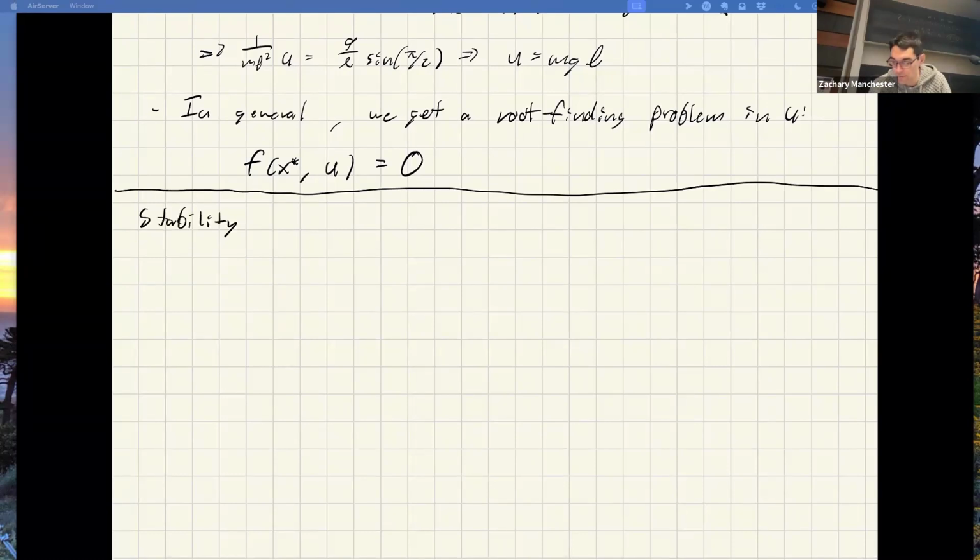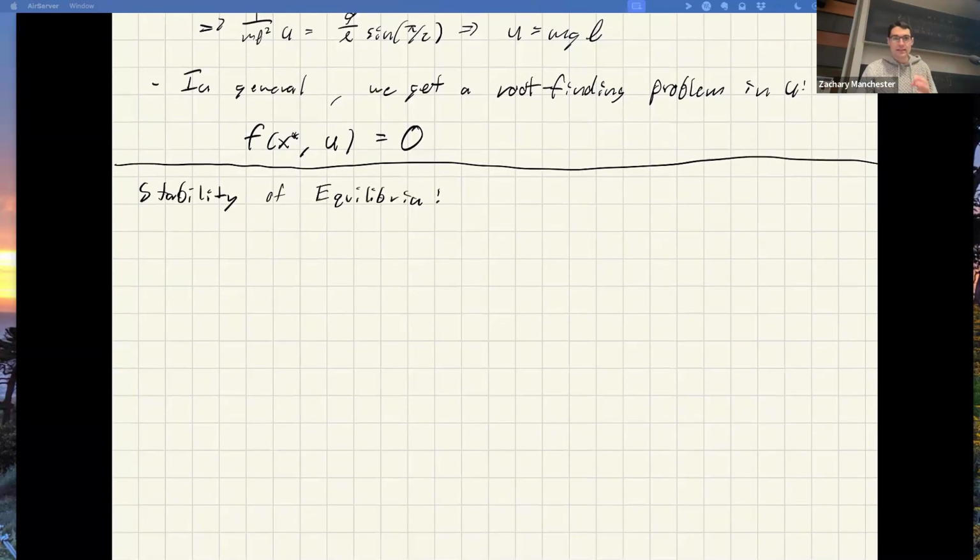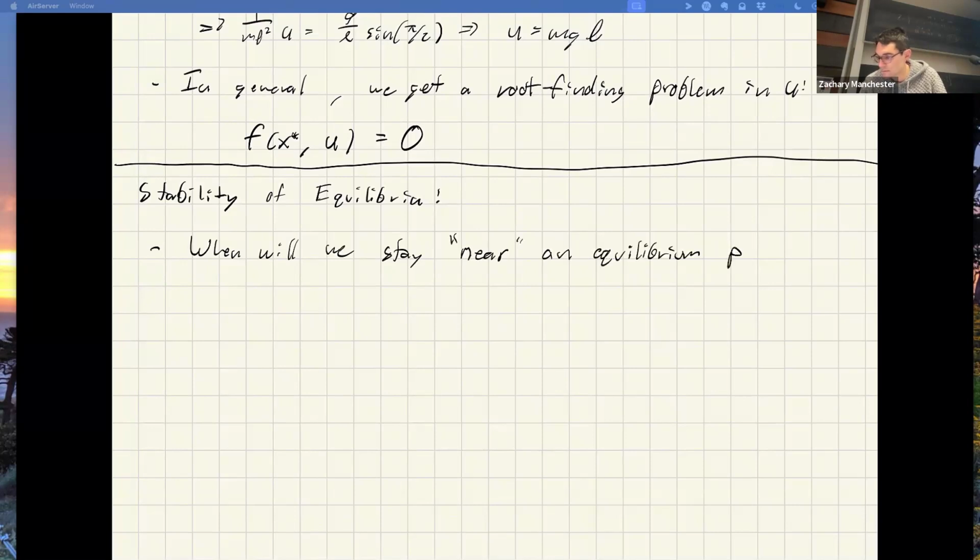So this is also pretty intuitive at a basic level, and we can go back to the kind of the pendulum thing again in a sec. The intuitive statement of stability is we're going to ask the question, when will the system stay near, in some sense, in the neighborhood of an equilibrium point under perturbations?